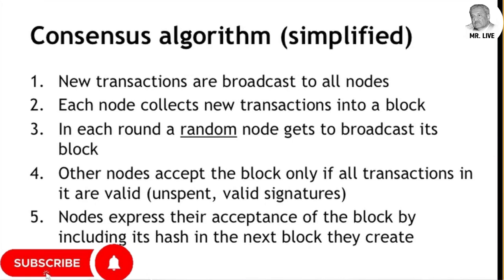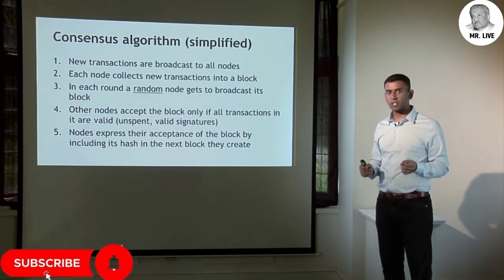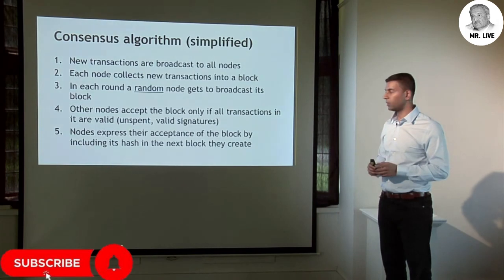So given this, this is what the overall consensus algorithm in Bitcoin is going to look like. Now, this is a little bit simplified, and the reason it's simplified is, again, that I'm assuming this magic random node selection process. But except for that simplification, this is pretty close to how Bitcoin actually works. Whenever Alice wants to pay Bob, she will create a transaction, and she will broadcast it to all of the nodes.